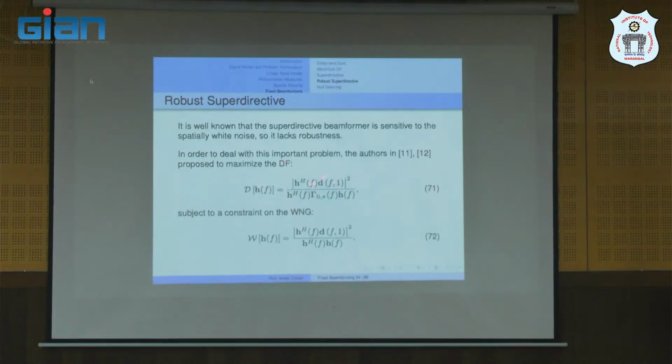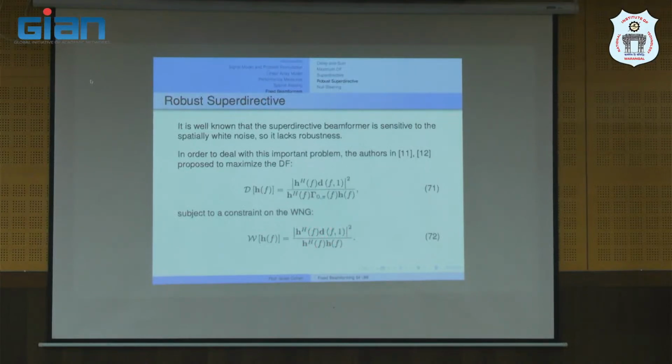This is the array gain for diffuse noise, which is the directivity factor obtained using the beamformer H. I can also write the expression for the white noise gain. This is the array gain when the noise is spatially white, so I have here a matrix, which is the identity matrix. So this is the expression for the white noise gain.